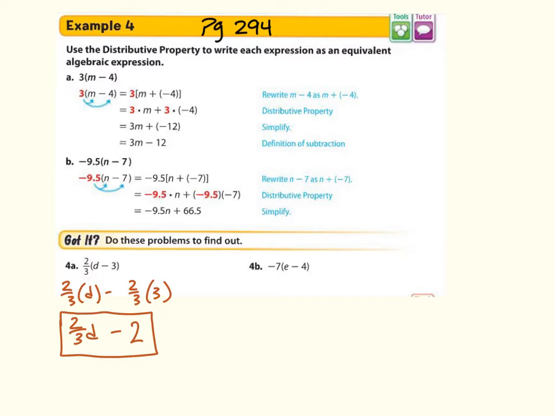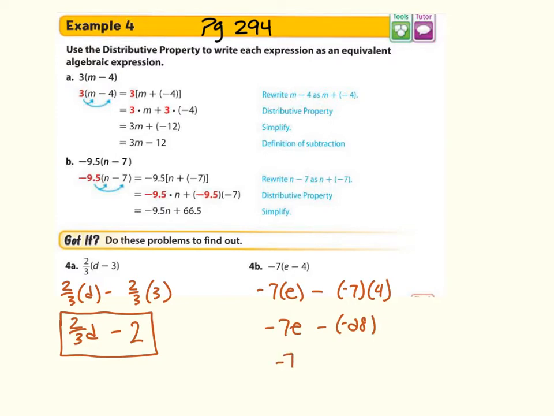4B, we've got -7 times e minus -7 times 4. So -7e minus -7 times 4, that's -28. Okay, so -7e stays the same.